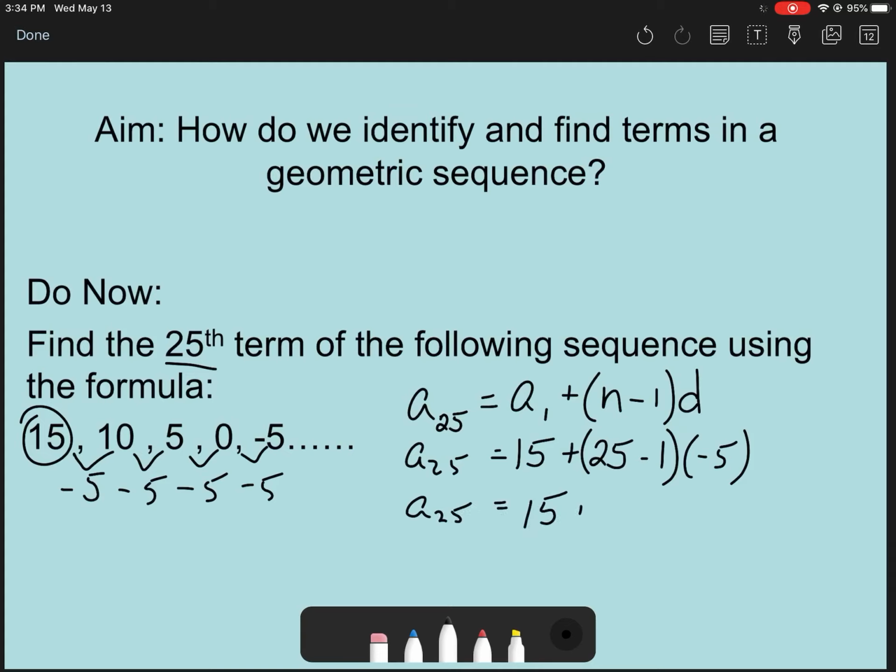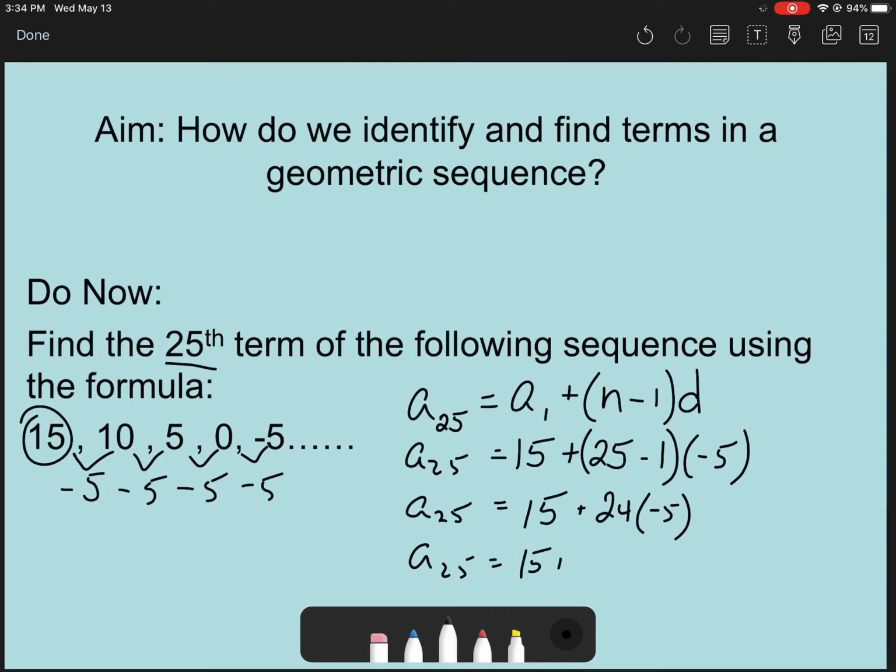Work this out here, and we get 24 times negative 5. I'm just plugging this into the calc really quickly. Should give us negative 120.